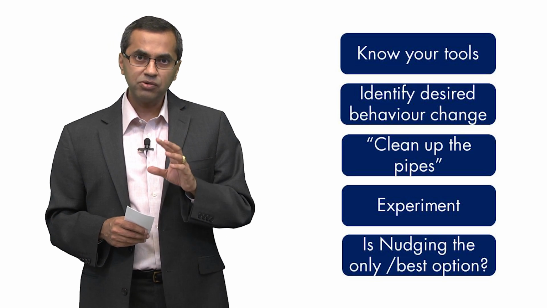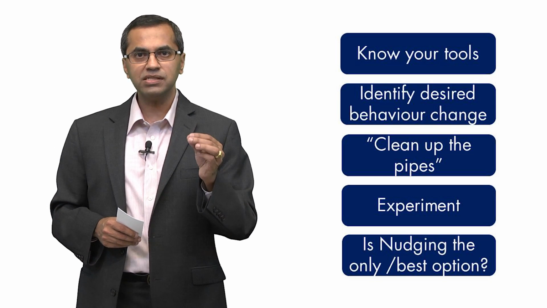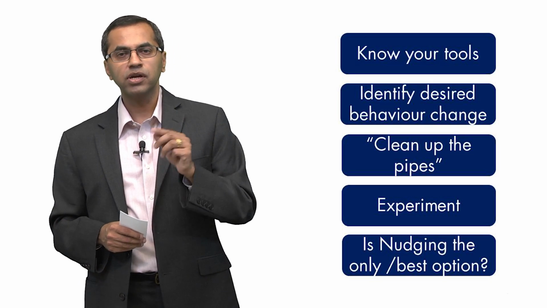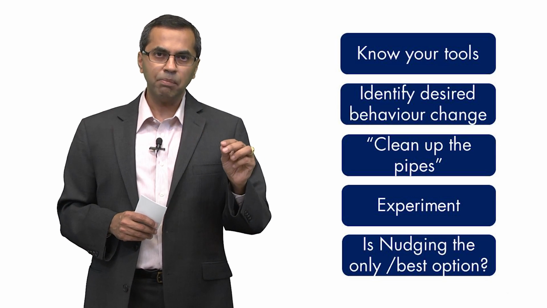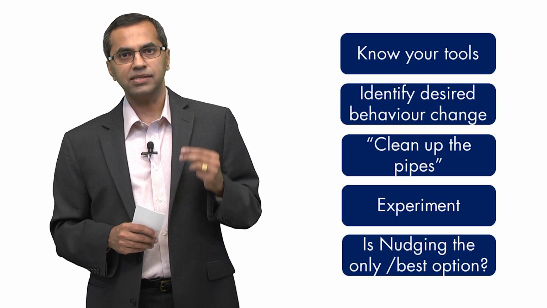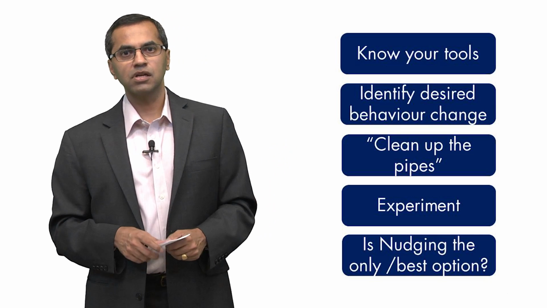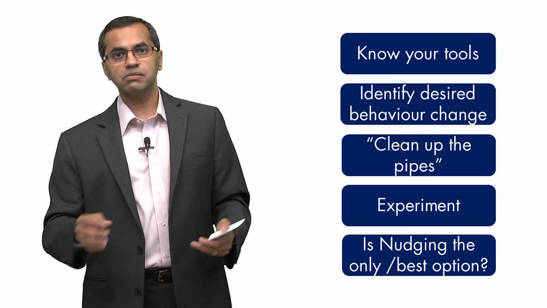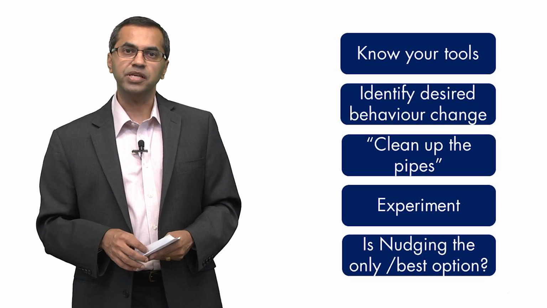And so what you really need to do is to make sure that your processes for delivering the service are as good as they can be before you nudge people into doing what you want them to do. Having a clean pipe allows the nudging intervention to work as best as it can. Having a clogged pipe reduces the effectiveness of the nudging intervention. So simple advice, make sure your processes are as good as they can possibly be.